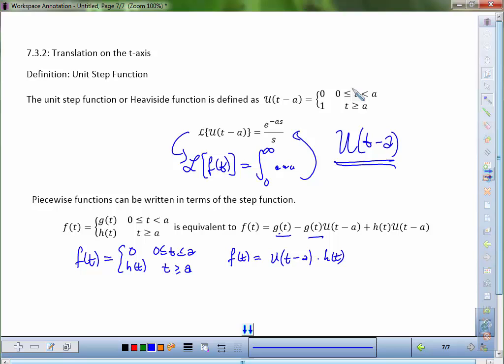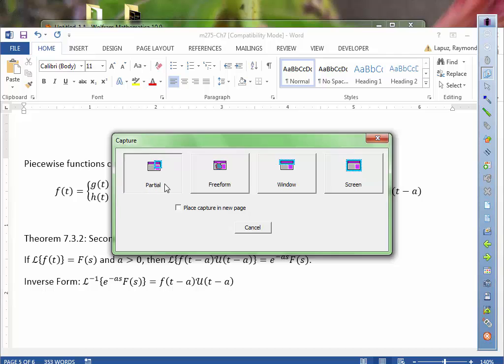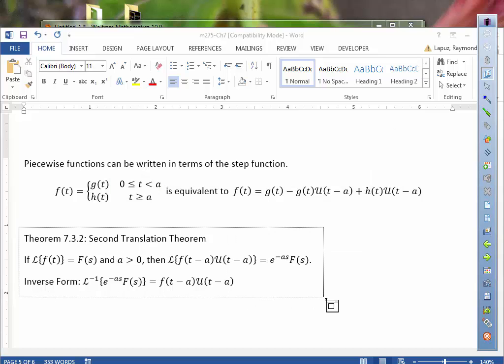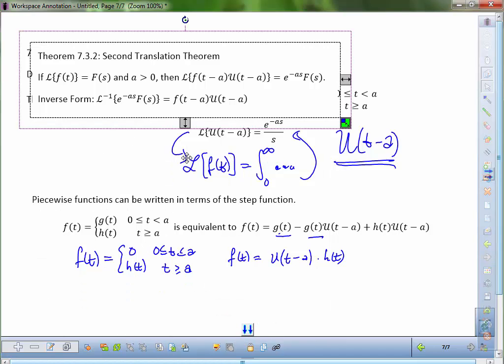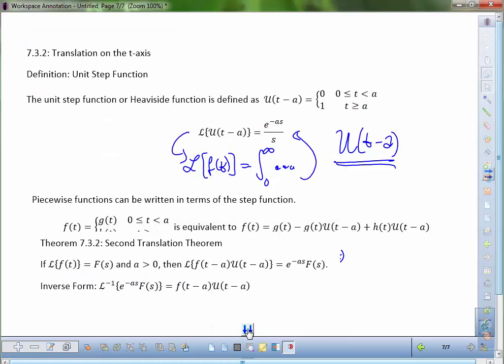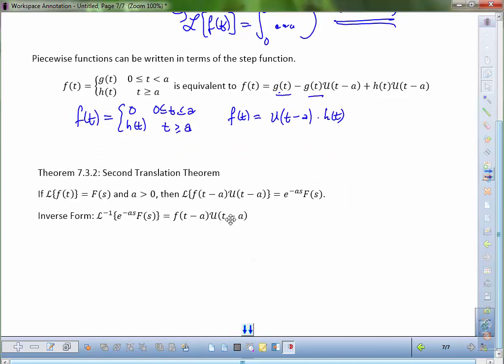Okay, so let's see how this is going to work. Wait, there's something else. So if we go from the t world to the s world, we should be able to go from the s world back to the t world, and that's our inverse Laplace. This kind of summarizes everything. So Laplace transform and then the inverse Laplace transform.